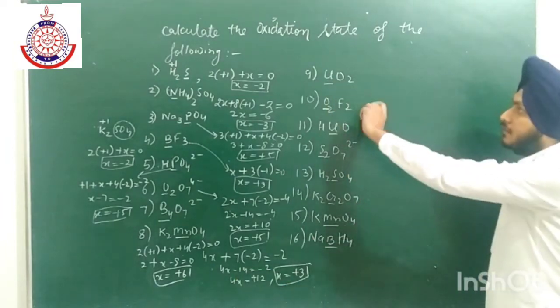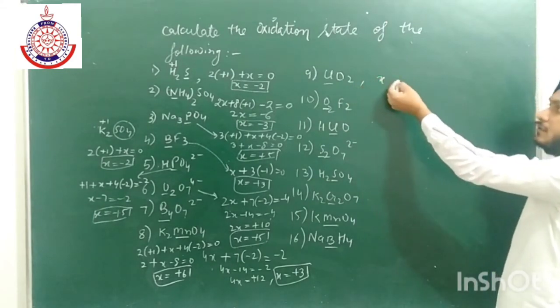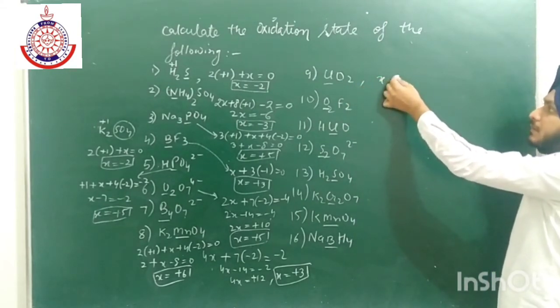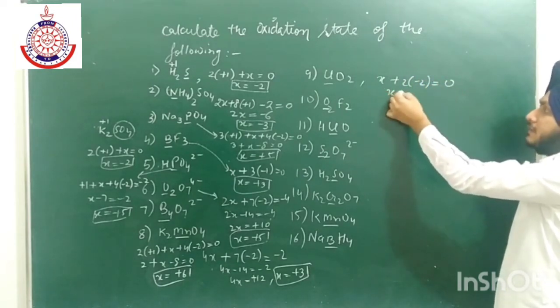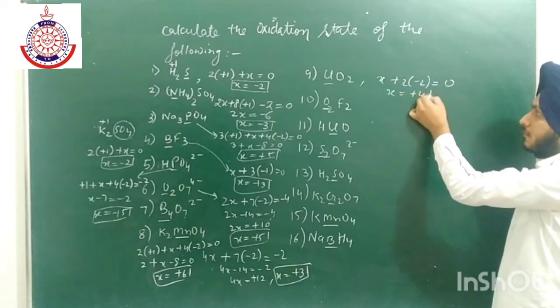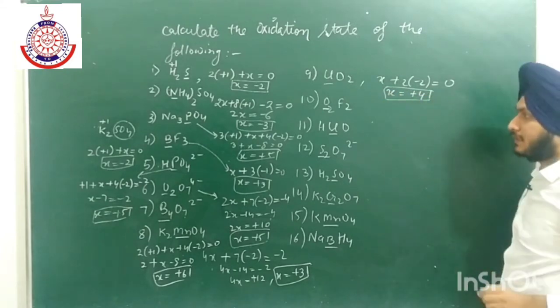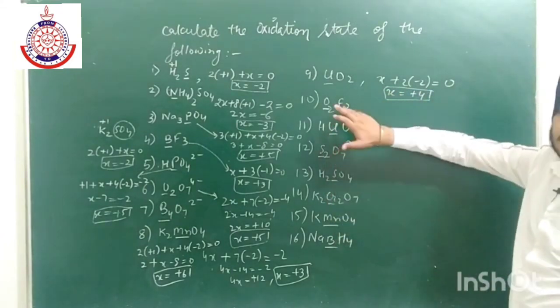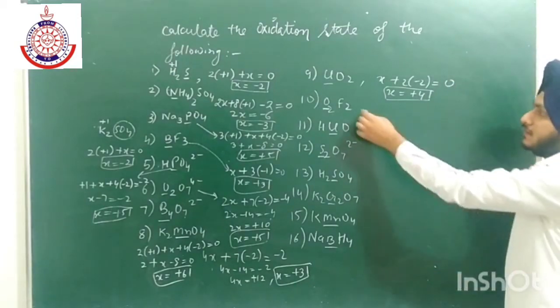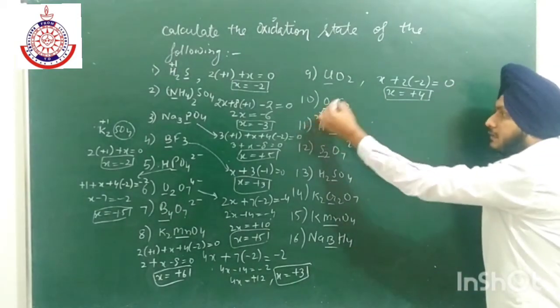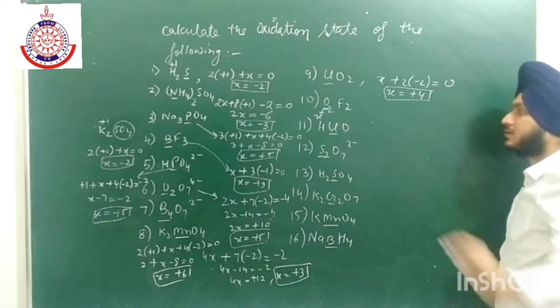So the oxidation number of Cl is taken to be X. Cl plus 2 into the oxidation number of oxygen, which is minus 2, and X is equal to +4. As simple as that. Now this is a very important example. The oxidation number of fluorine is taken to be minus 1 and the oxidation number of oxygen is X over here.